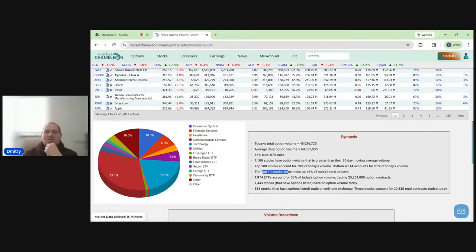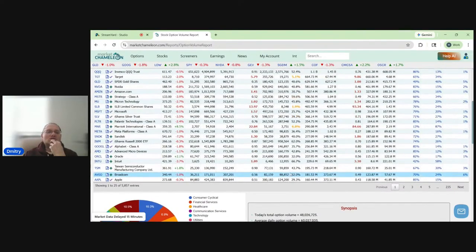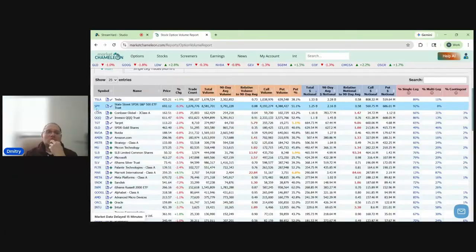If we take the top 10 stocks, what if we just did these top 10? Tesla, SPY, Coin. If we just took the top 10 stocks, what percent of the total trading volume do they represent? In other words, how are people trading options? Is it distributed equally around many stocks, or is the volume concentrated?